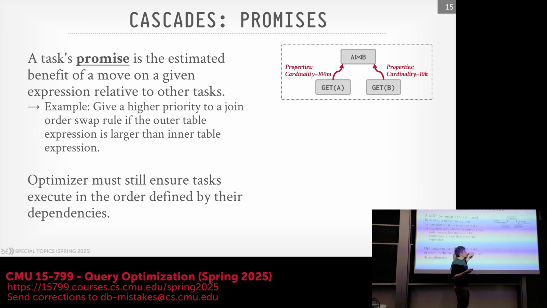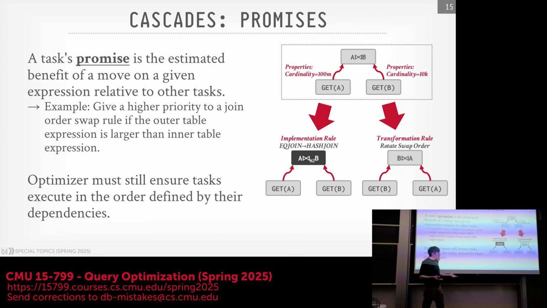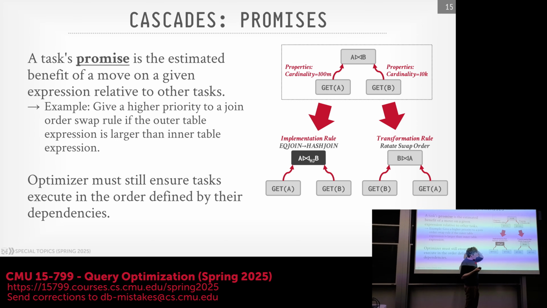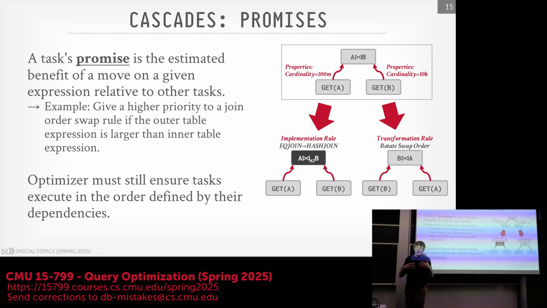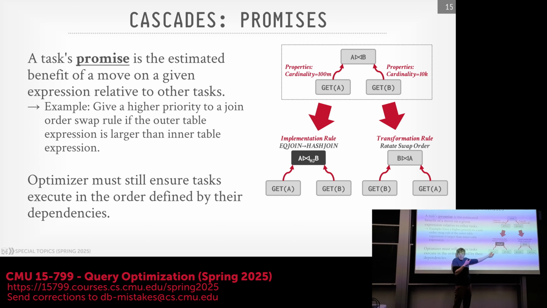I could have two transformation rules like before, where I convert the logical join operator to a hash join, or I swap the join order, having B be the outer table versus A. Without a promise, it would be almost random: however I implemented the system, the order in which these rules get applied is how things would get pushed onto the stack and maybe executed.